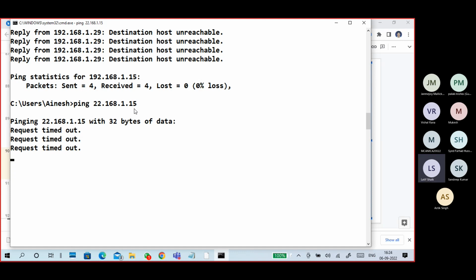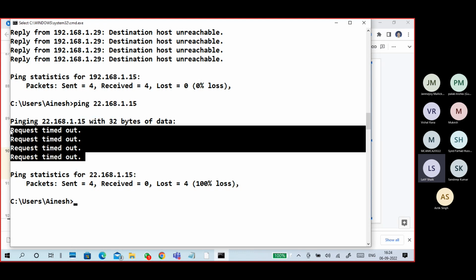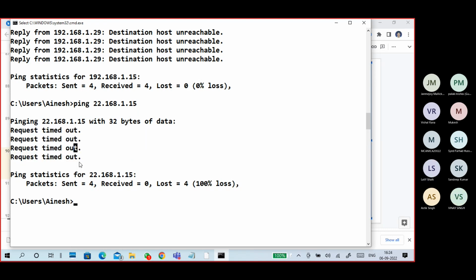There is a possibility this IP address exists in this world, but I cannot reach it. So when you are pinging, don't worry about what this IP address is. Only look at this output. You are getting sent 4, received 0, lost 4, 100% loss.